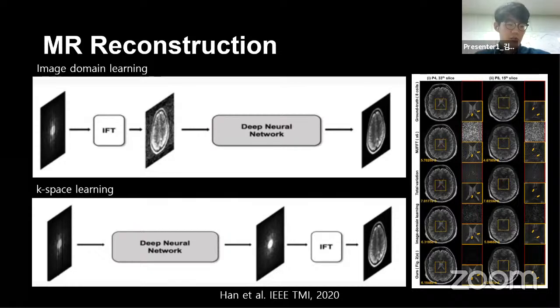All these kinds of deep neural networks for MR reconstruction make it possible to reduce the time to obtain high-quality MR data. Even if we take the undersampled signal to reduce the MR acquisition time, the deep neural network is well trained to reconstruct the image as if fully sampled.